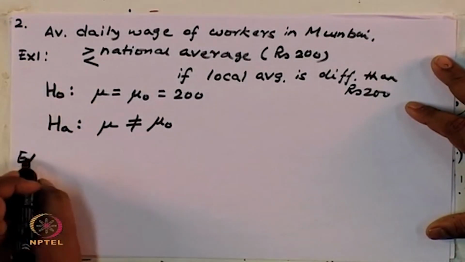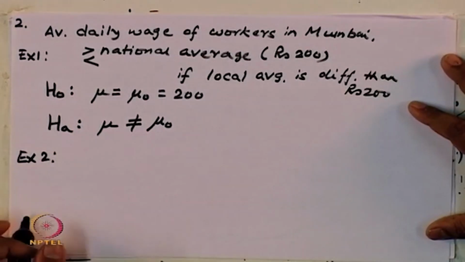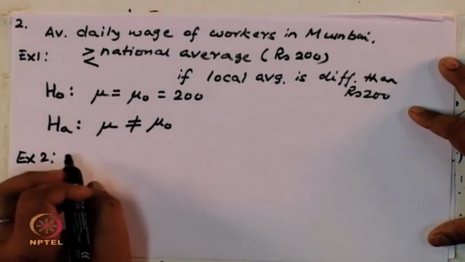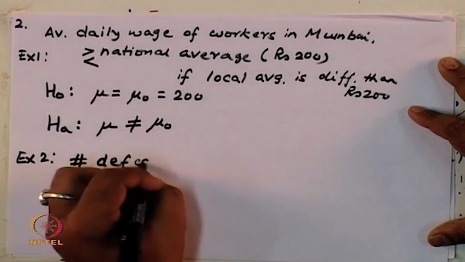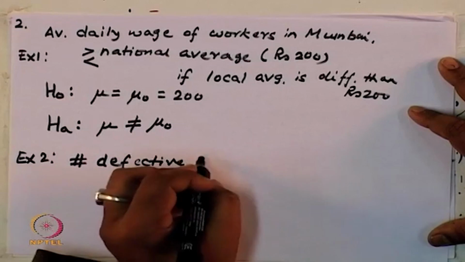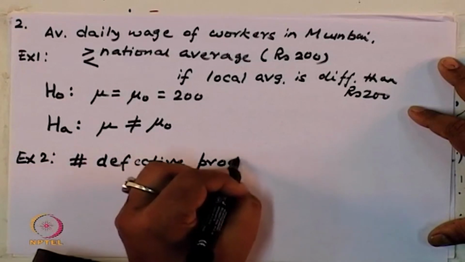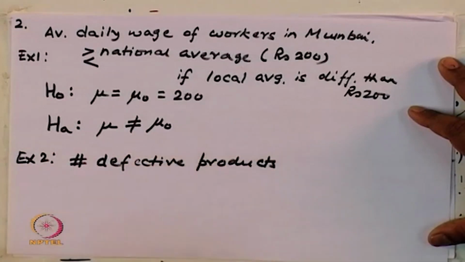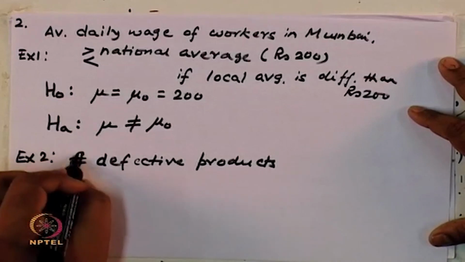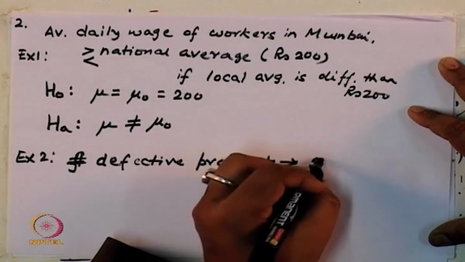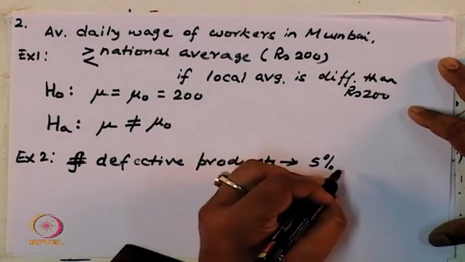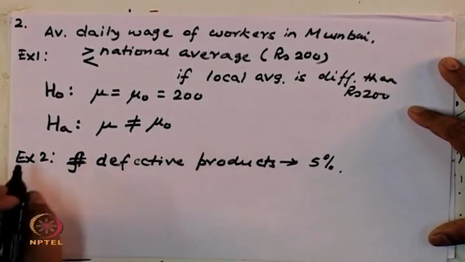You can have another example. Imagine you have the number or fraction of defective products, let us say roughly 5%, made by a company in a particular line.